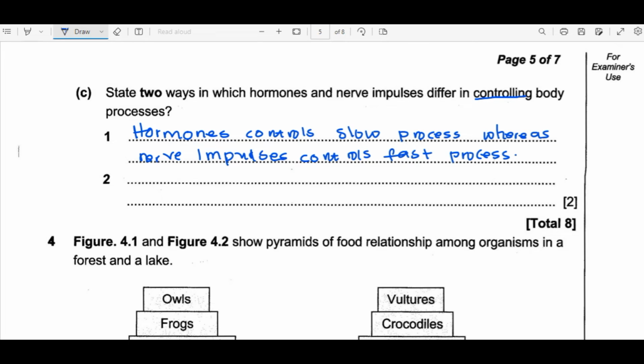So we can say hormones may have more than one targeted organ.